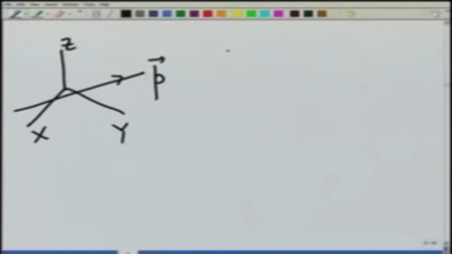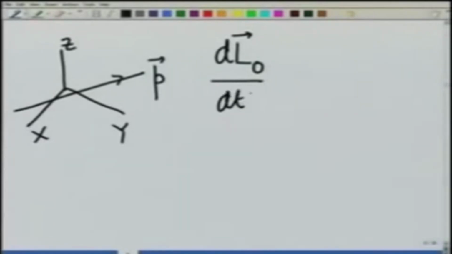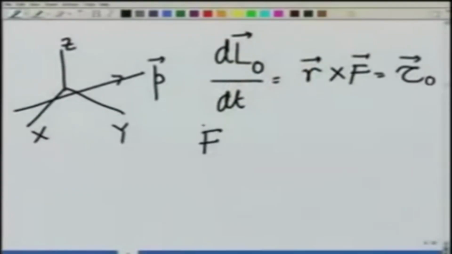So, what we learn, and I have derived for you, is that given a particle moving, the change in its angular momentum, and I always denote with this O, emphasizing the fact that angular momentum is a quantity that depends on the origin, is equal to r cross F, or the torque about O. Notice, while deriving this, I use the fact that F equals ma, that is force equals mass times acceleration, or the second law.